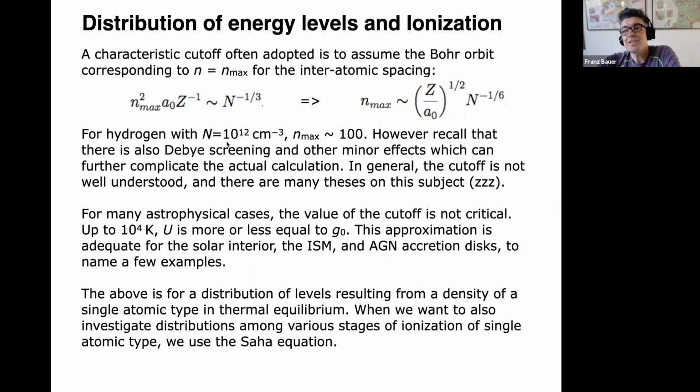This is a huge density, right? So typically you could integrate all the way out to 100 and you still would be fairly safe. This is a simple model, the Bohr model, so it doesn't take into account the Debye screening that we talked about before and other minor effects, which you'd have to actually throw in to figure out the actual calculation of where you should cut this off.